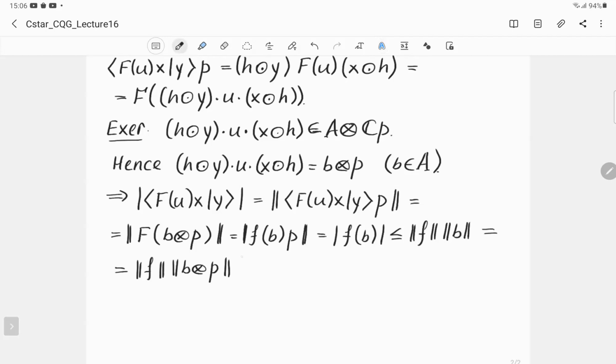So this is less than or equal to the norm of F multiplied by the norm of U. And that's it. So we have this estimate.